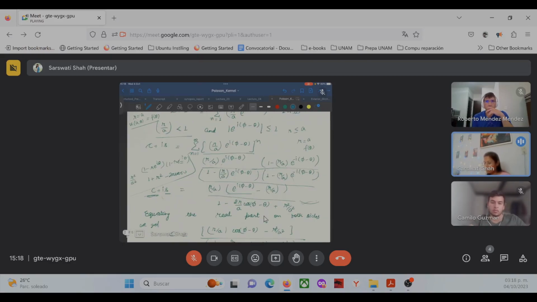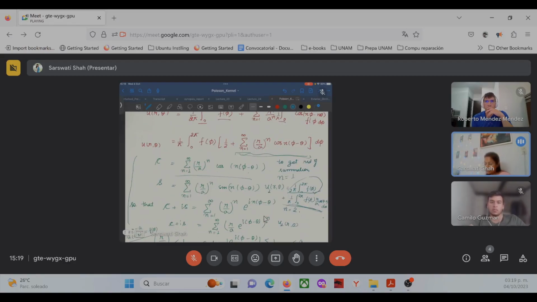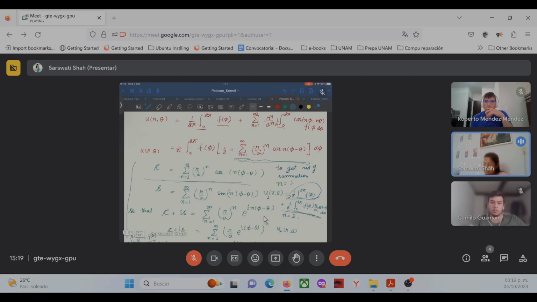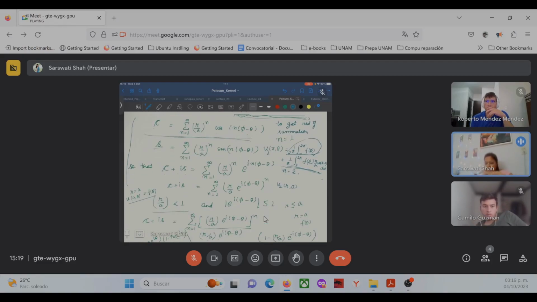So when we use this method, we arrived that this summation term, c plus i s, comes in this form. I choose c to be this summation part, and s the other. If c plus i s is the resultant I will be getting, the real part is going to be this c, which means the real part is going to be this summation.